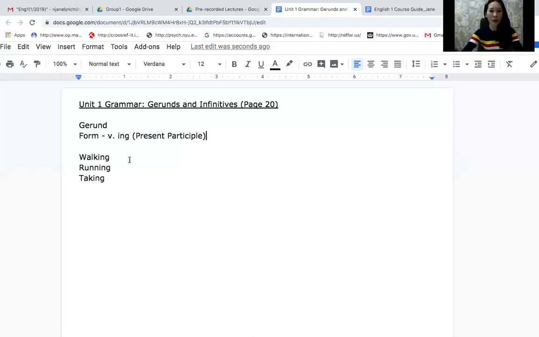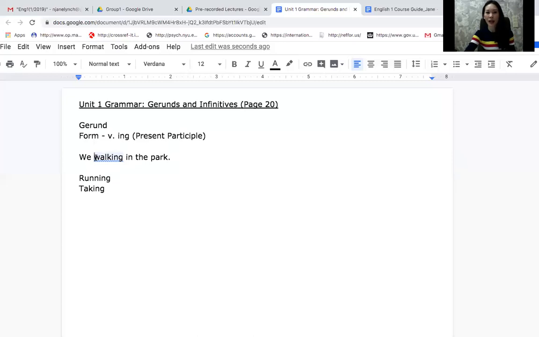For example, you wouldn't say "we walking in the park." That's wrong, because walking, what tense are we using? There's no tense. This is only the present participle.